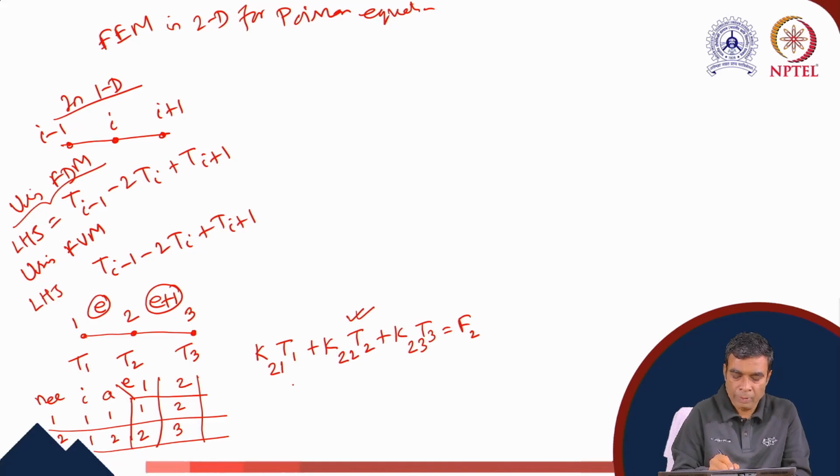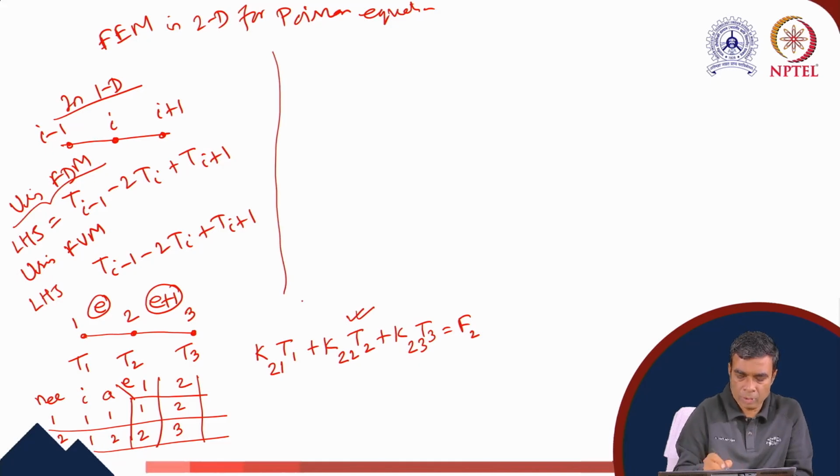Now, we can see that for the particular case we have considered, this equation at node 2 is taking the help from nodes 1 and 3, and when we put the values of K21, K22, and K23, we find that this algebraic equation matches exactly with the finite difference or finite volume counterpart.